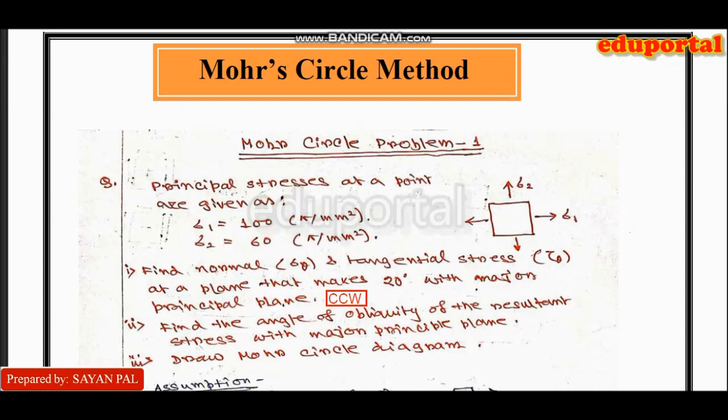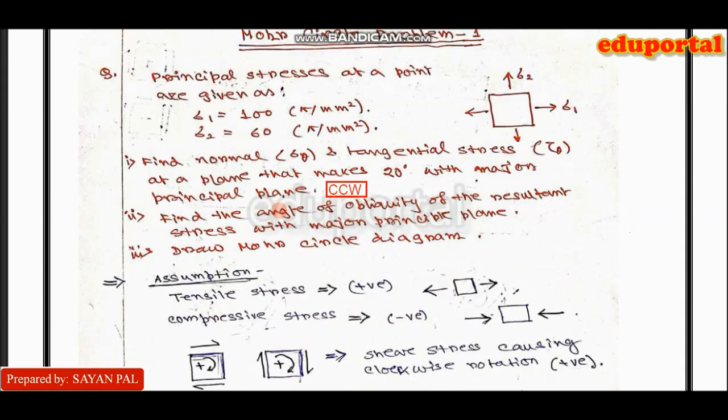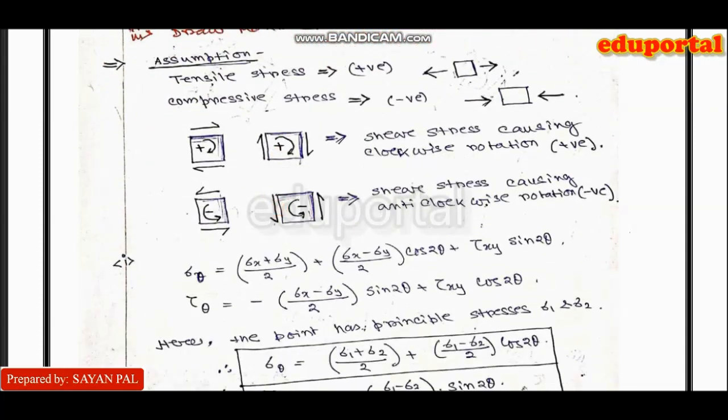Let's solve. First we need assumptions. We know that tensile stress is taken as positive, and compressive stress is taken as negative. Now this next assumption is for Mohr circle construction.